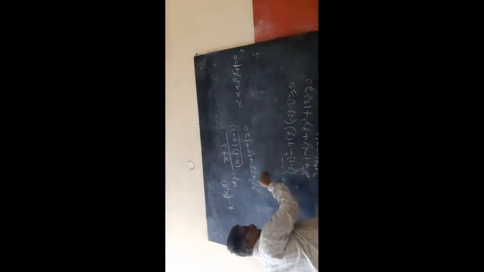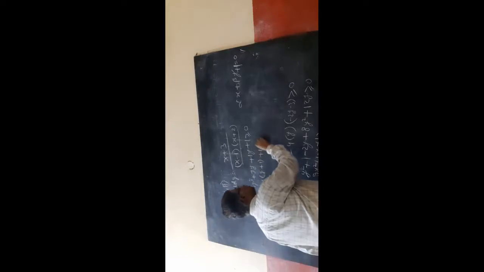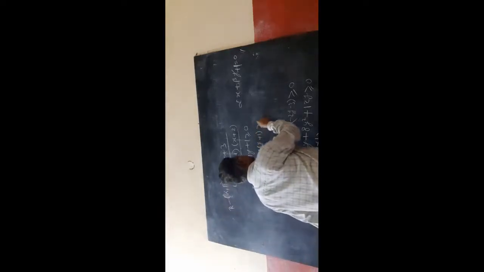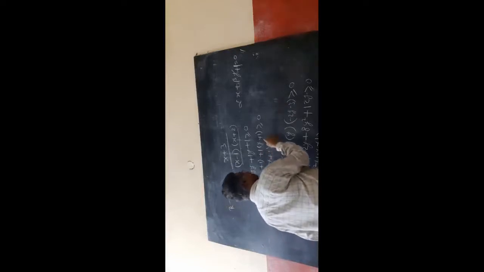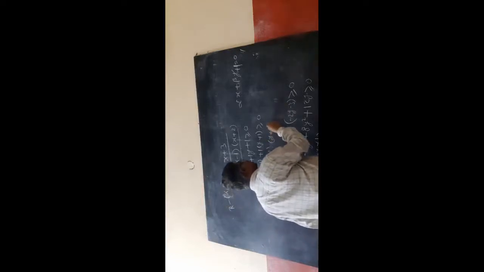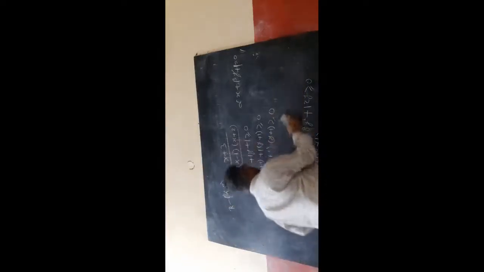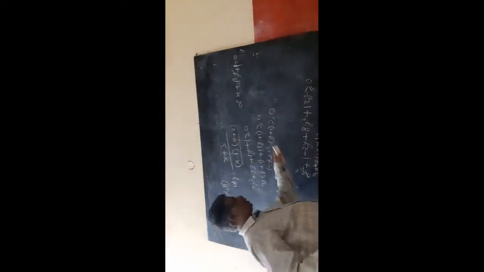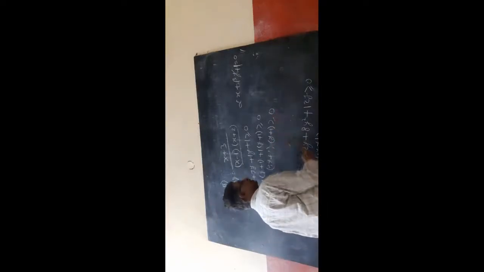Now if I take y common from the first two terms and 1 common from the last two, (9y plus 1) into (y plus 1) is greater than or equal to 0. Since it is greater than, y does not lie between, so R minus of (alpha, beta). Here alpha is minus 1 by 9, beta is minus 1.